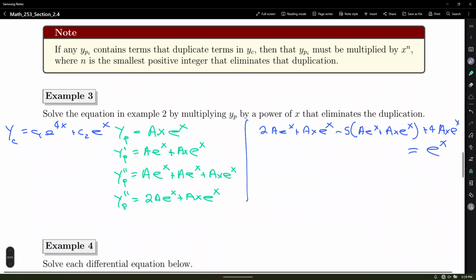So let's see what's going to happen here. Let's distribute the negative 5 and combine like terms whenever applicable. So this will be 2ae^x plus axe^x minus 5ae^x minus 5axe^x plus 4axe^x, and let that be equal to e^x.